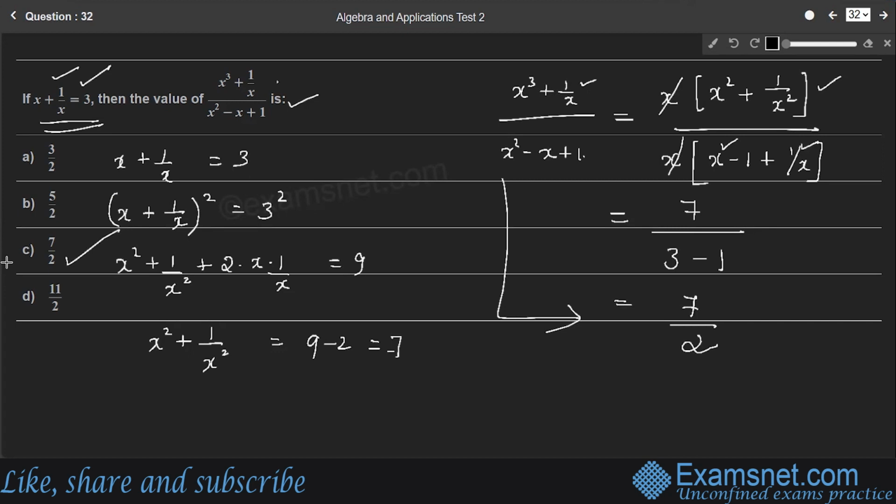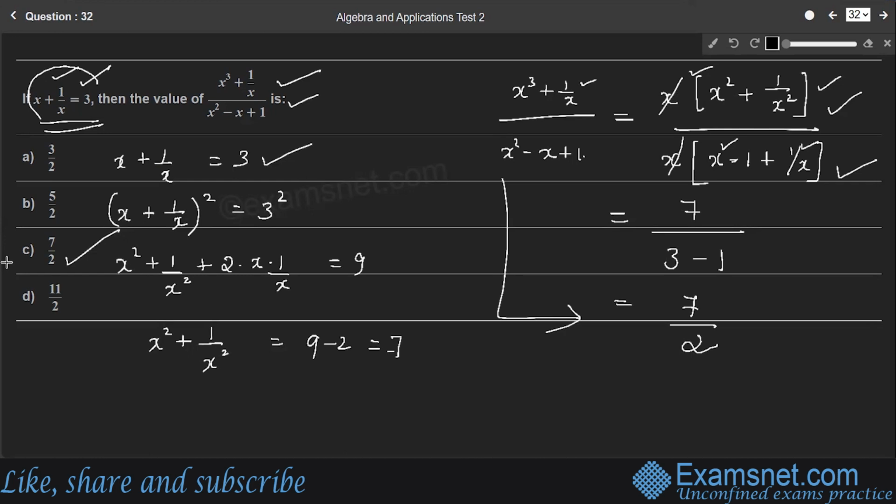So here, students, we are just rearranging the terms by taking x as common in both numerator and denominator, and we are just writing the remaining terms. Here the remaining terms are x square plus 1 by x square and x minus 1 plus 1 by x. Using the equation x plus 1 by x is equal to 3, we are raising the power of x to 2 by squaring LHS and RHS.